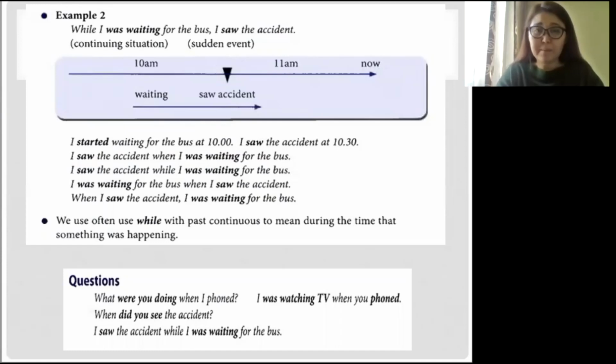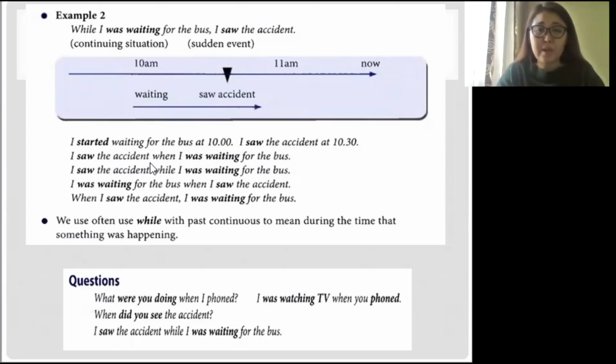One more example. While I was waiting for the bus, I saw the accident. So, was waiting here is a continuing situation. Saw the accident, it's a sudden event. So, we express the continuing situation in the past continuous, and the sudden event is expressed in the past simple.